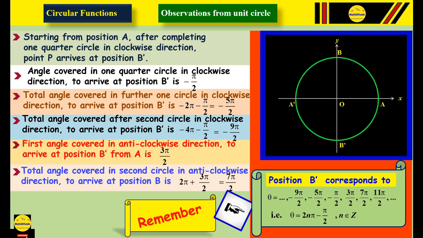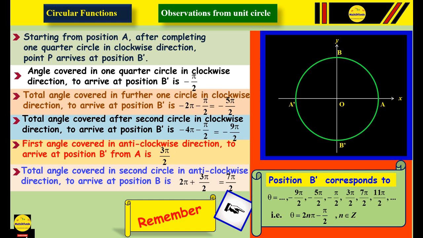Another way of writing it in mathematical form is 2n pi minus pi by 2. Why do I say so? Because position A corresponds to even multiples of pi, that is 2n pi. And when you move in clockwise direction by an angle of 90 degrees, which means pi by 2, you will have to add minus pi by 2.